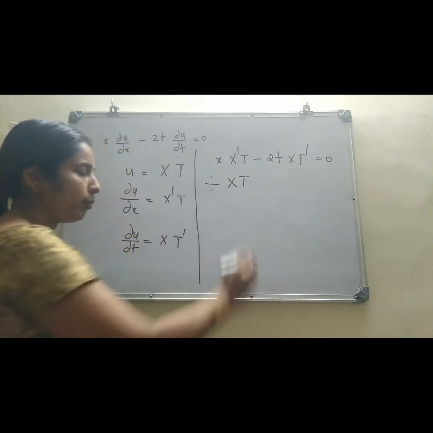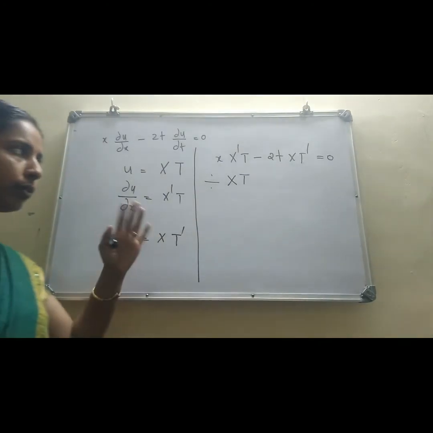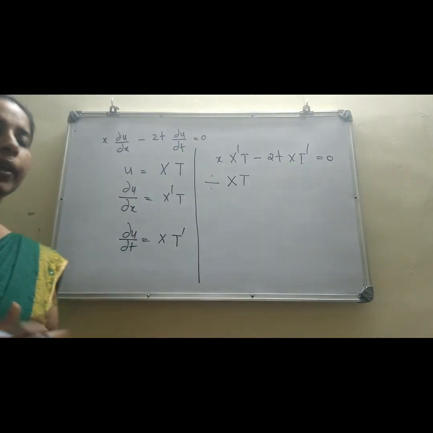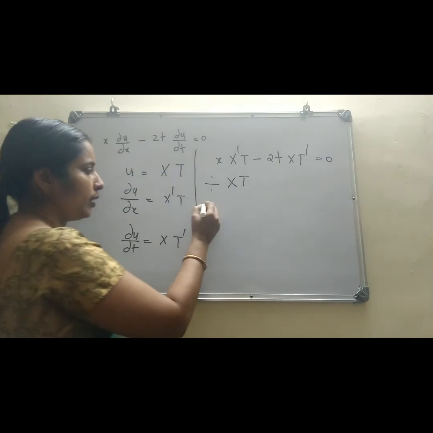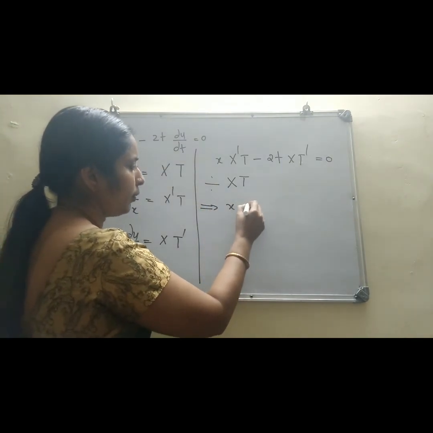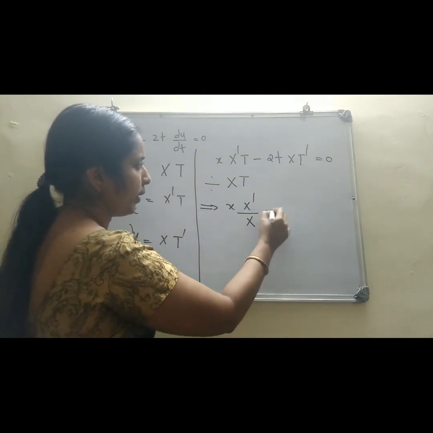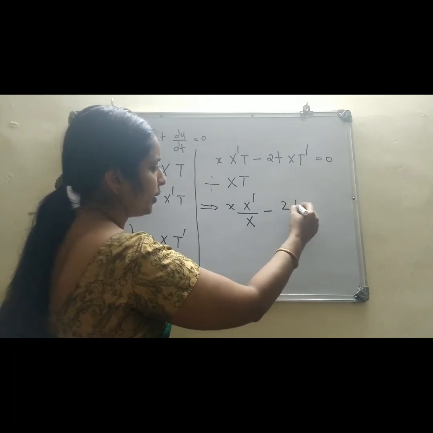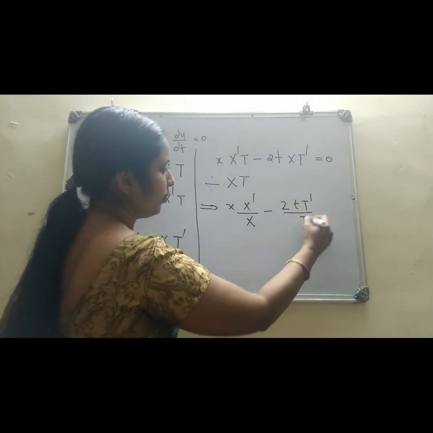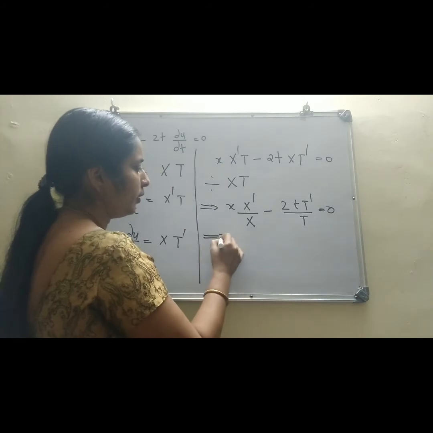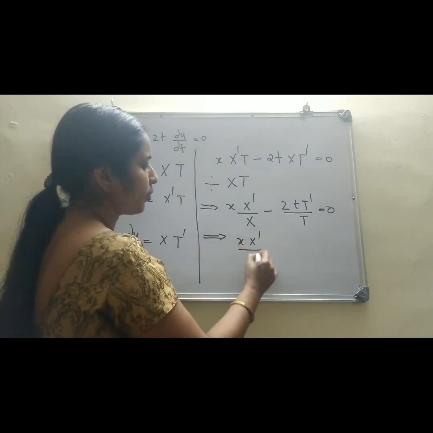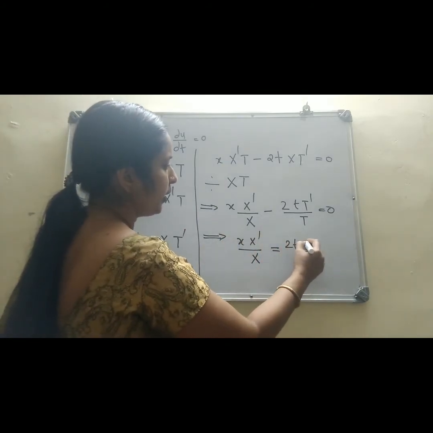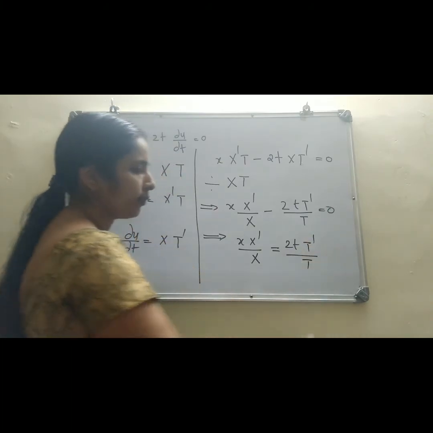So dividing throughout by XT, you can separate the variables. Which implies x into X'/X minus 2t T'/T is equal to 0, which implies X'/X is equal to 2t T'/T.